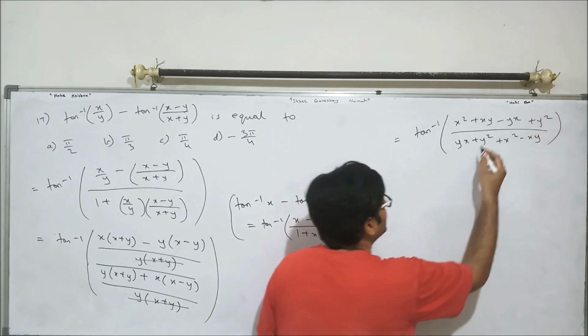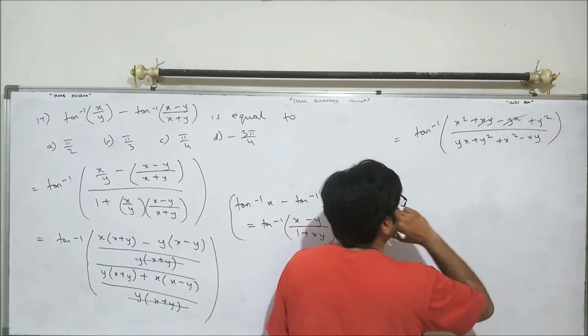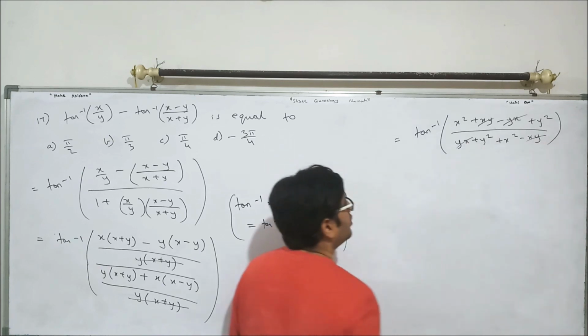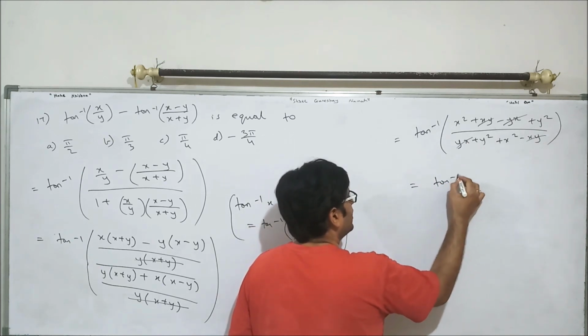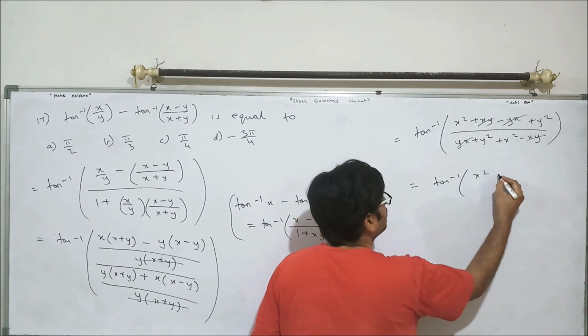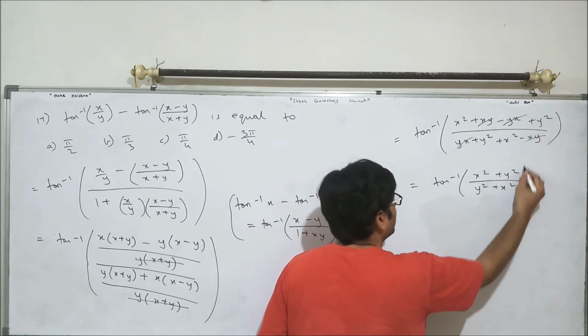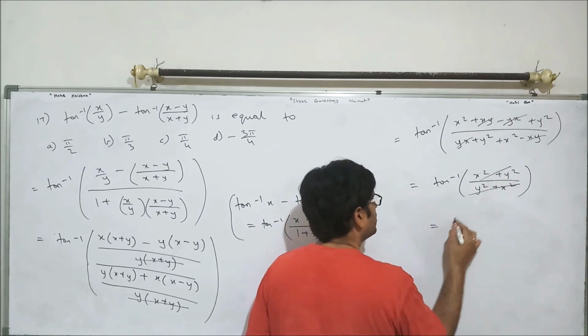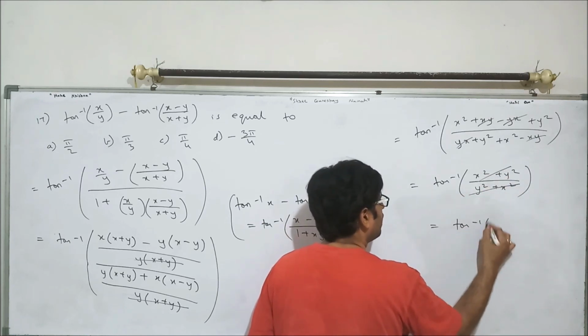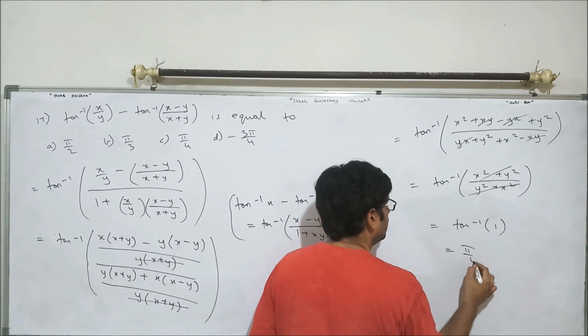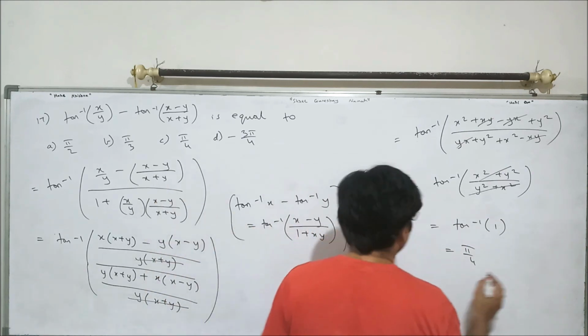Let's see what is getting cancelled. xy minus yx cancel, and yx minus xy cancel. So we are just left with tan inverse of x square plus y square upon y square plus x square, which are the same term. So these cancel. So you get tan inverse of 1, which we very well know is pi by 4. So your option is number C.